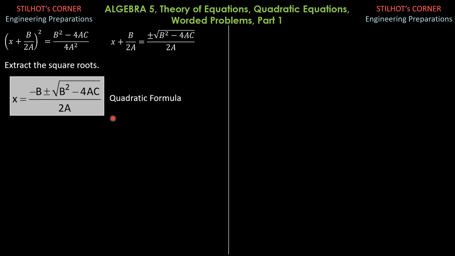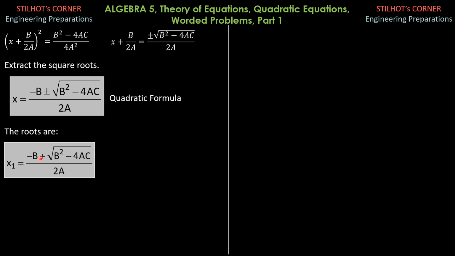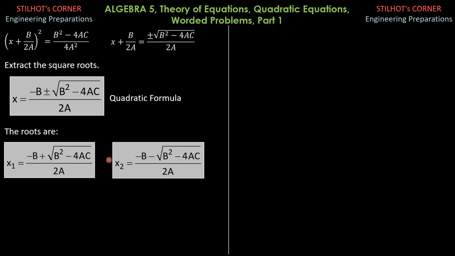Then in this quadratic formula, the roots are negative b plus square root of b squared minus 4ac over 2a, and the other root, x2, is negative b minus square root of b squared minus 4ac all over 2a. So one root is negative b plus, use plus in this radical, square root of b squared minus 4ac over 2a, and the other root is x2, negative b minus square root of b squared minus 4ac over 2a.